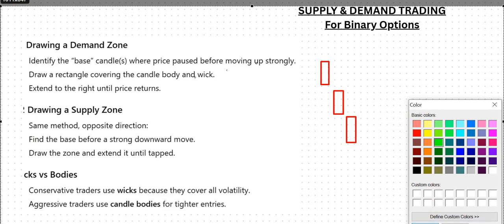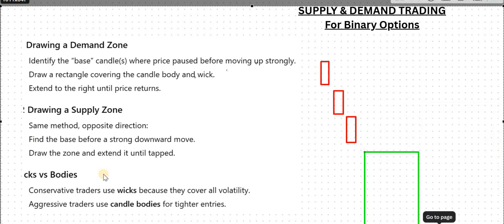You have this. Let's leave this one like this. And at the bottom, you have the wick like this.